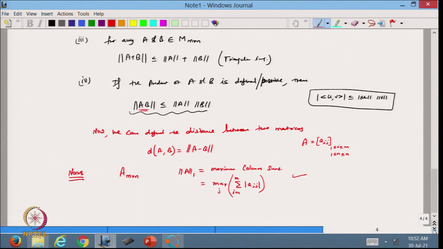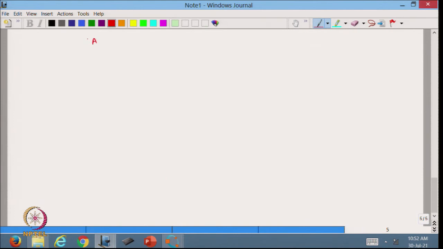Similarly, I can define another norm, which we have already seen, the Frobenius norm. We saw the Frobenius norm in the inner product of matrices. It comes from the trace of A transpose A, or trace of A star A when the matrix is complex, under the root.